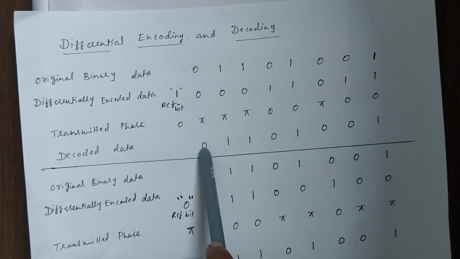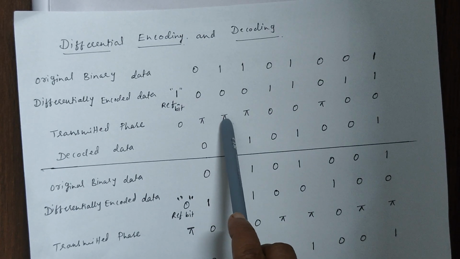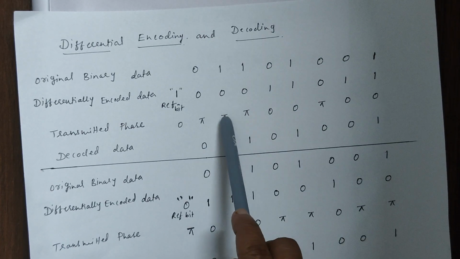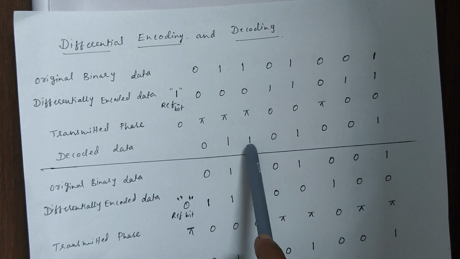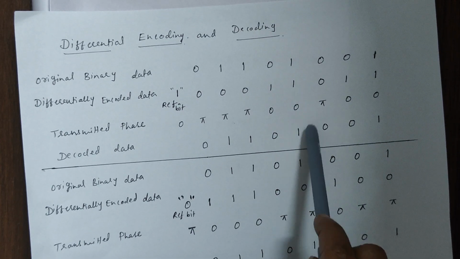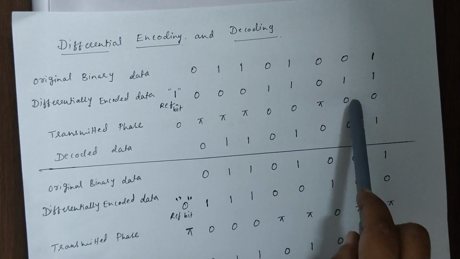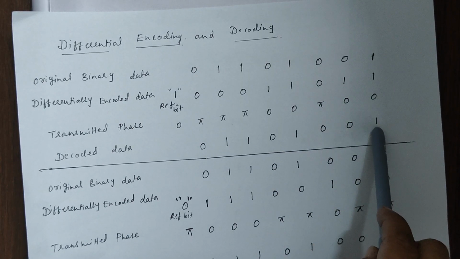So the decoded data is what? It is 0. Pi and pi, the phase is the same, decoded data is 1. Pi and pi, same phase, 1. Difference in phase, 0. Same phase, it is 1. Difference in phase, 0. Difference in phase, 0. Same phase, it is 1.